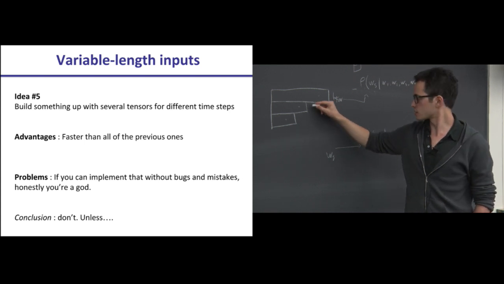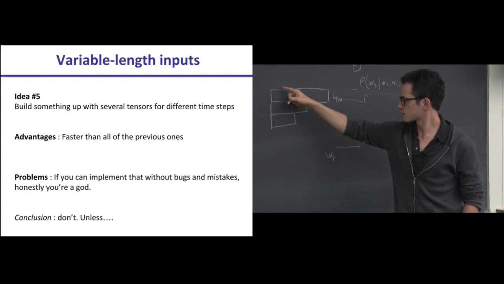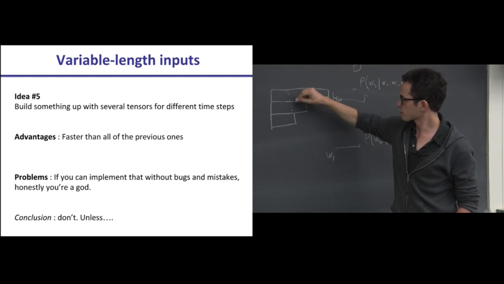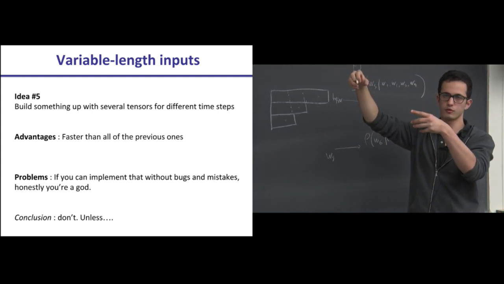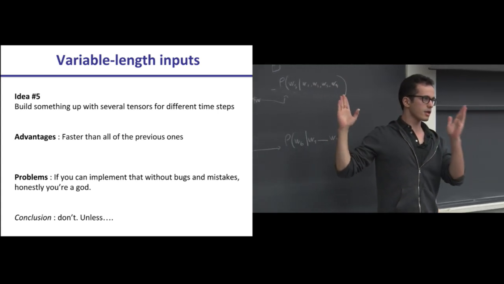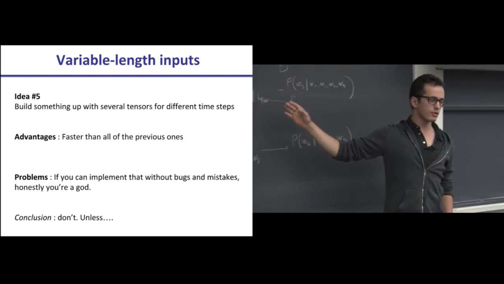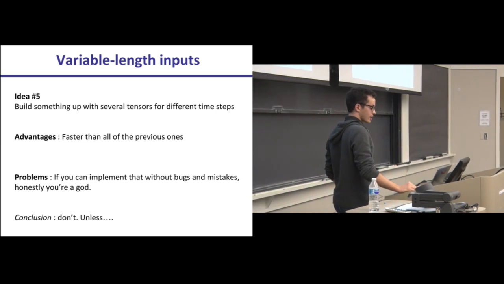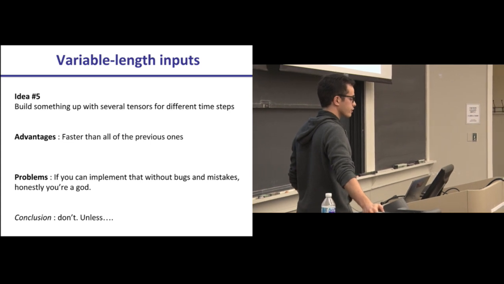One thing you can do is feed your RNN with first that, and you get an output for that. Then you feed it with this block, and then you stick them back together to get the output of the right shape. And finally the last one, and you do that as many times as you have rectangles in your set of sequences. Now, if you try to do that, good luck. It's not a trivial thing to do at all.